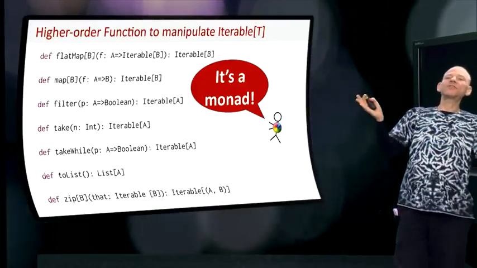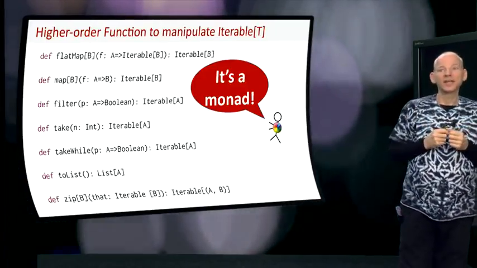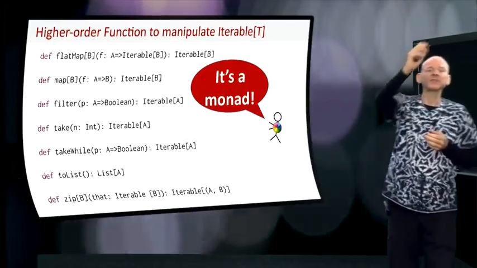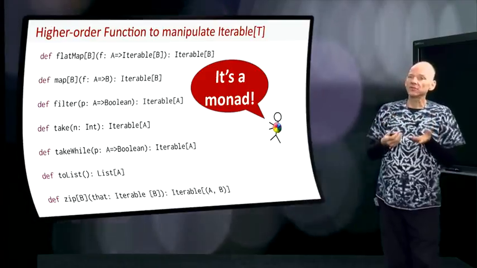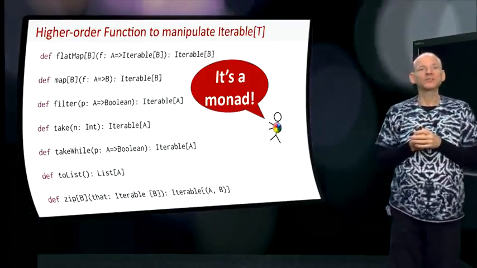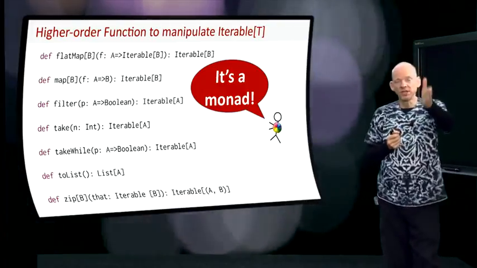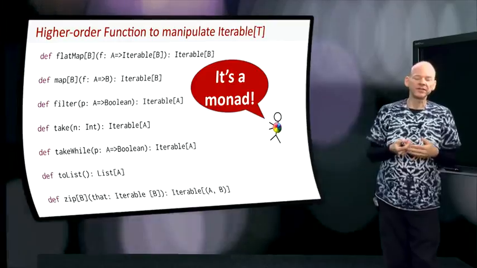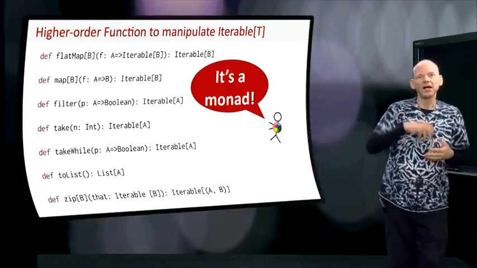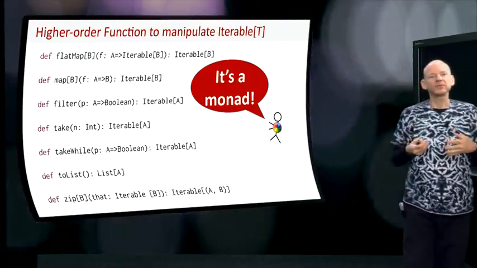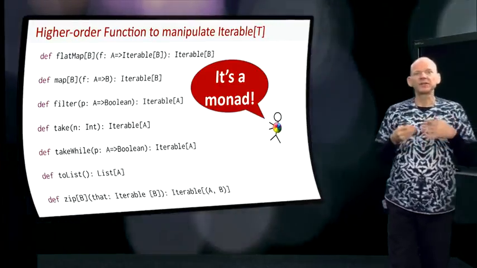But of course, the first thing we should note is that iterable is a monad. And why is it a monad? Because it has flatMap and it has a constructor to take a single value and inject it into an iterable. And of course, just having flatMap and a constructor is not that interesting, and iterable supports all the methods that we know and love, like filter, map.